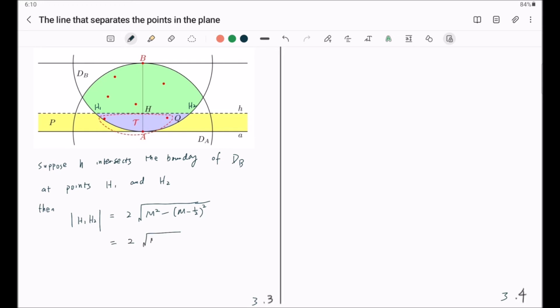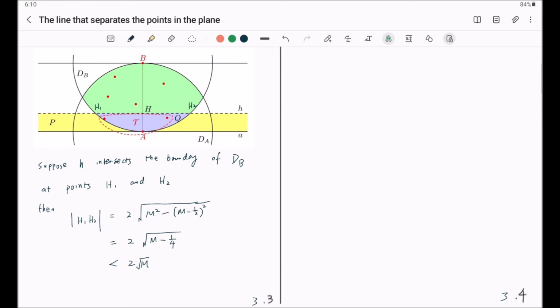And this is equal to 2 times the square root of m minus 1/4. We only need to use this estimate later. We bound this by 2 times the square root of m. Okay, so on the one hand, we have an estimate for the line segment H1H2 here.